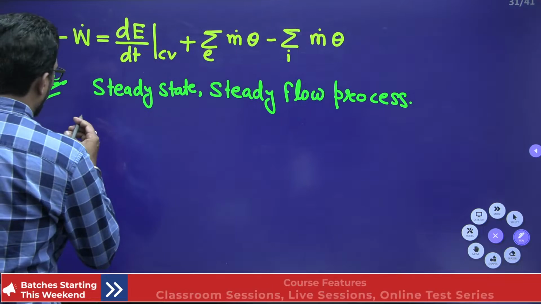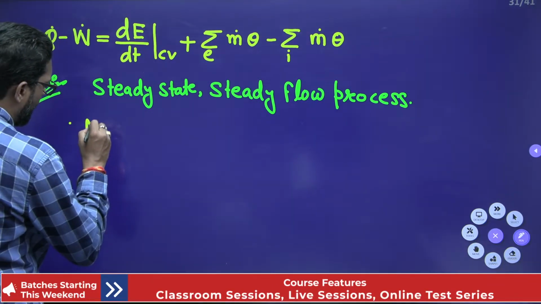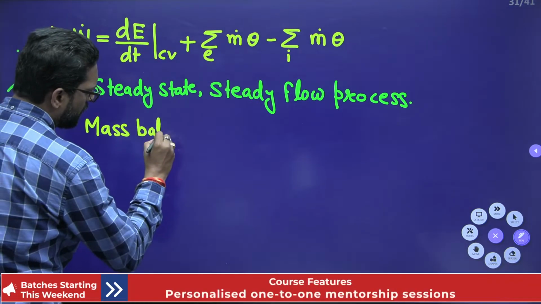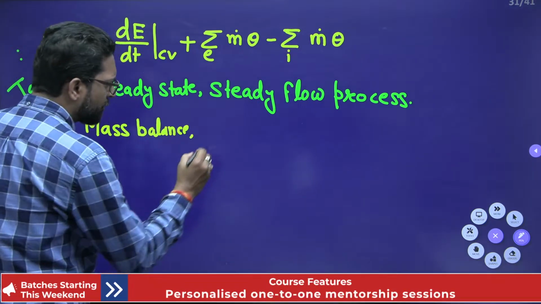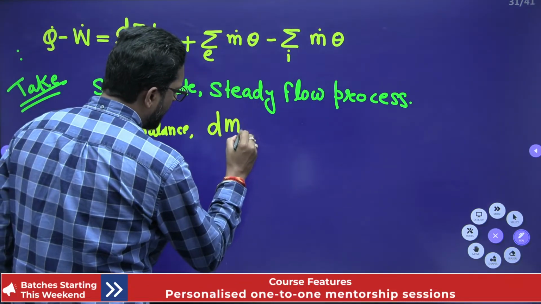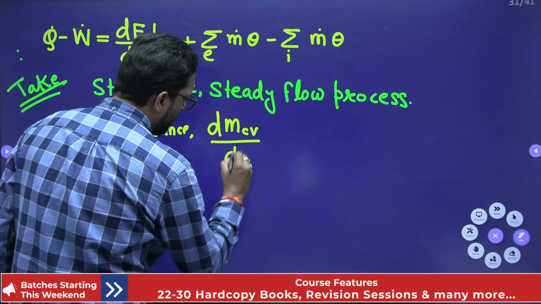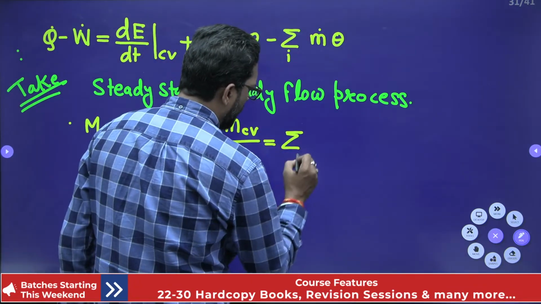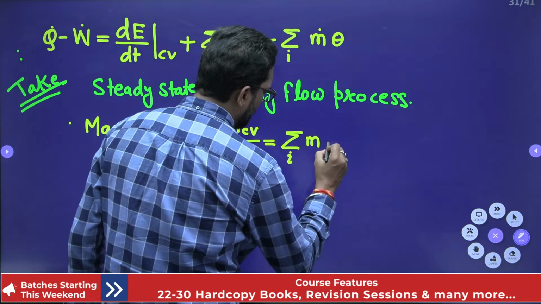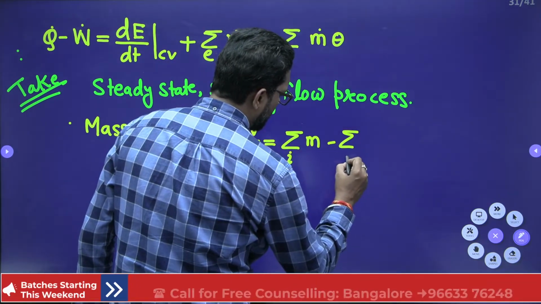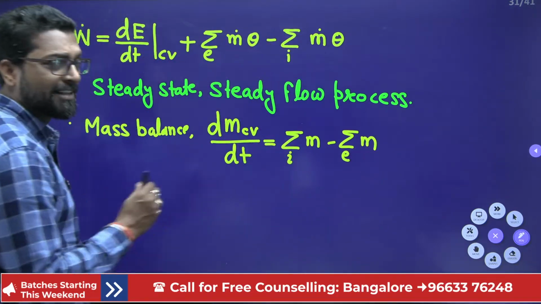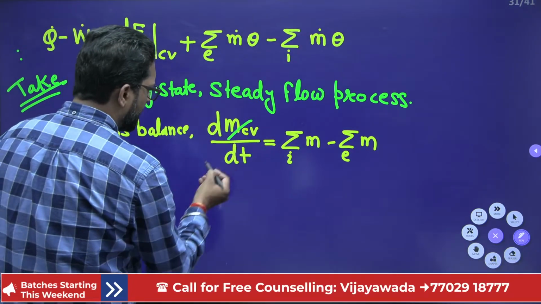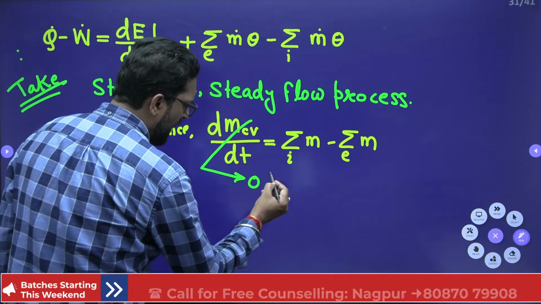Okay, so what is that? If we have a mass balance, what is the mass balance? dm_CV by dt is equal to summation of all mass at inlet minus summation of all mass at exit. This is the mass balance. And this is 0. Why?